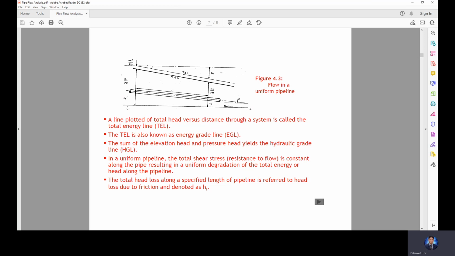Actually, we can put our reference anywhere, but for simplicity and the purpose of this discussion, we can just assume that our datum is somewhere here.